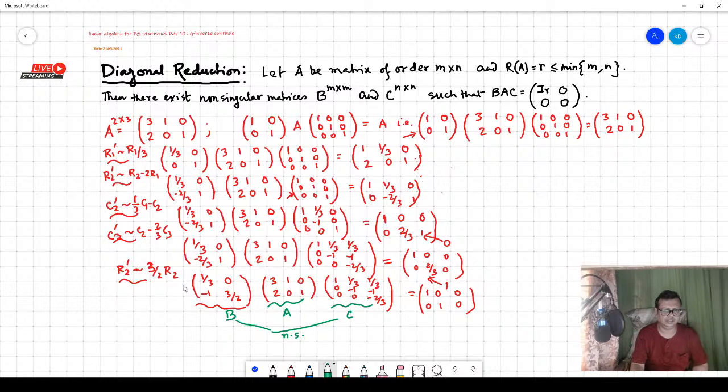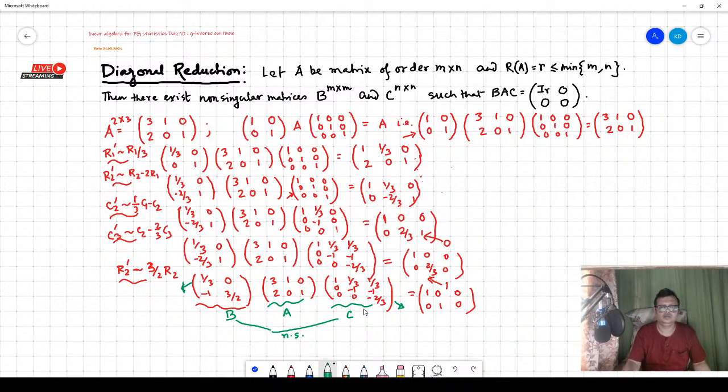So these are nothing but a product of some elementary matrices, this portion, and this is also the product of elementary matrices. So this is a full rank matrix and B and C are non-singular.